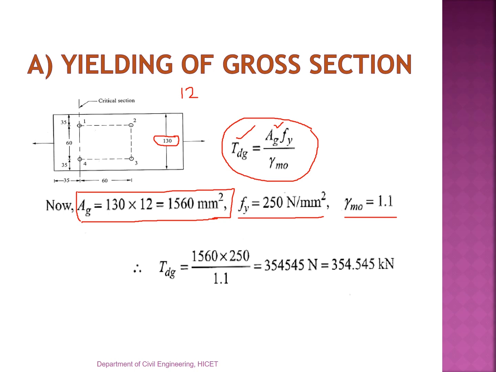While substituting these three values, that is Ag equal to 1560 mm square, Fy equal to 250 Newton per mm square, and gamma m0 equal to 1.1, we have the strength of the plate in yielding of gross section as 354545 Newton. In terms of kilonewton, we have 354.5.